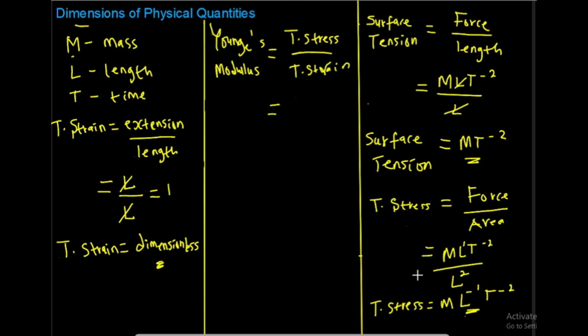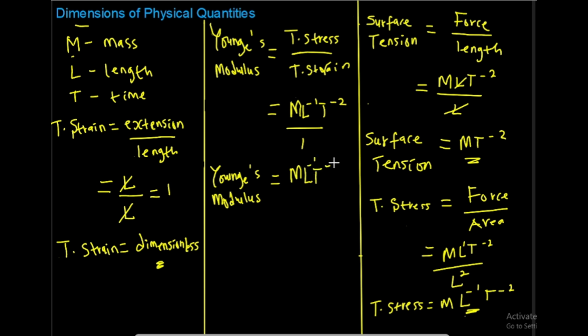Now we know tensile stress already to be M L raised to power minus 1 T raised to power minus 2, divided by strain, which is dimensionless, so divided by 1. So Young's modulus will also have its dimension to be M L raised to power minus 1 T raised to power minus 2. So Young's modulus has the same dimension as tensile stress, which also has the same dimension as pressure.